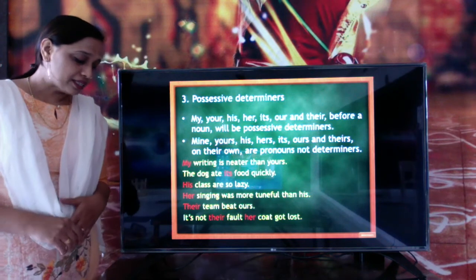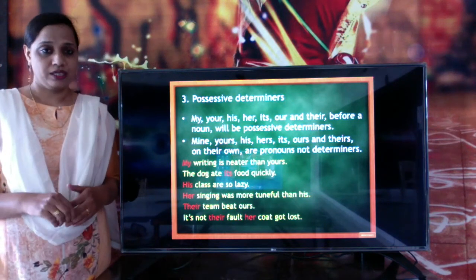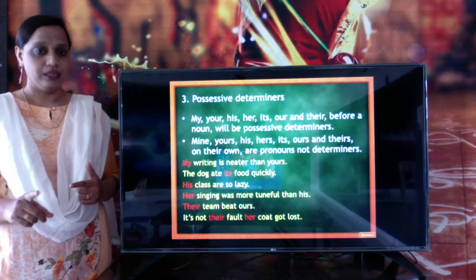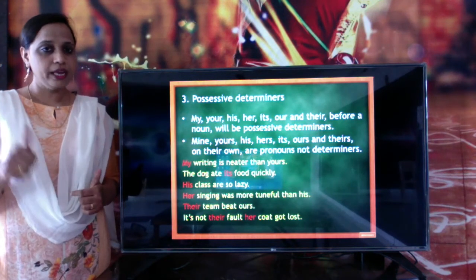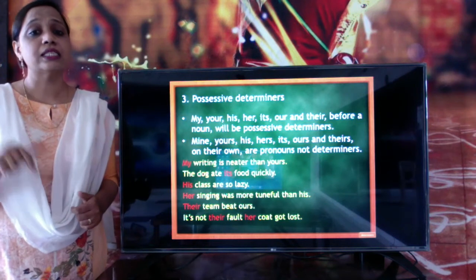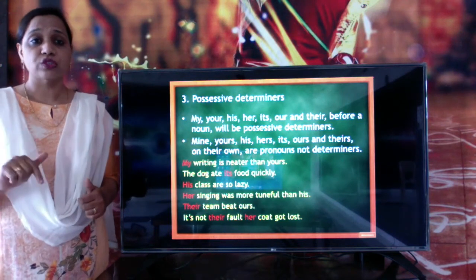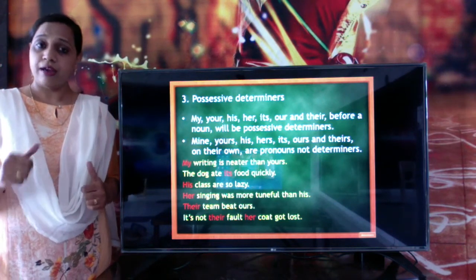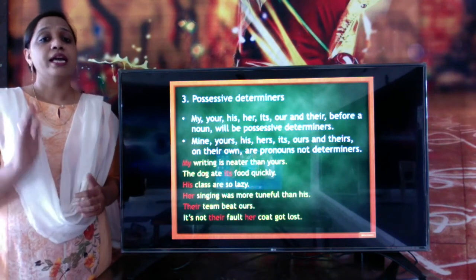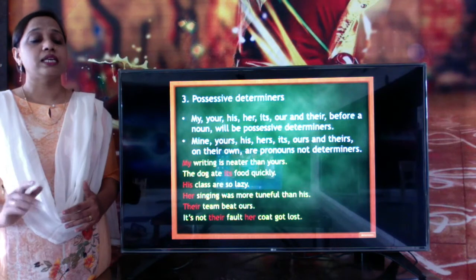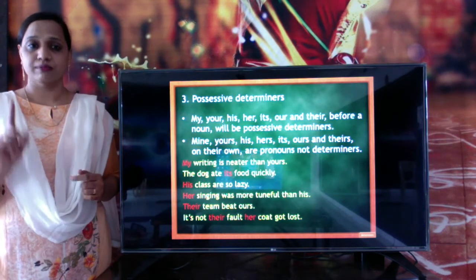So, see here: my writing is neater than yours. My writing. This is a possessive determiner. Okay, the dog ate its food quickly. Its food, determiners. Everywhere a noun is there after the possessive word. His class are so lazy. His class, determiners.